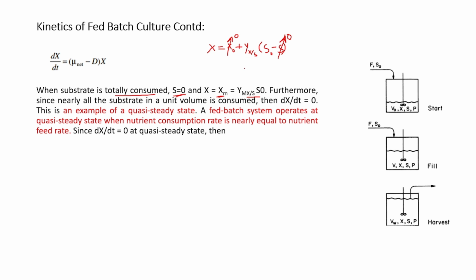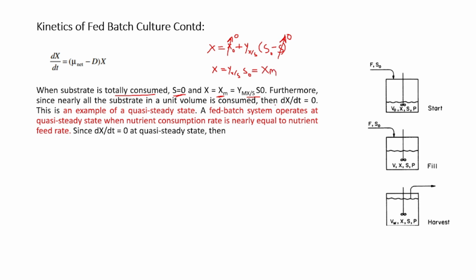So X0 is negligible. So X is equal to Y excess into S0. So this means that the entire substrate has been utilized to produce biomass. And when can it happen? It can only happen when there is maximum biomass concentration, which is Xm.